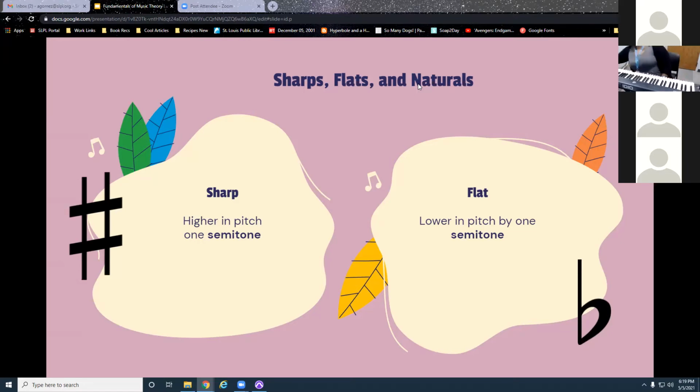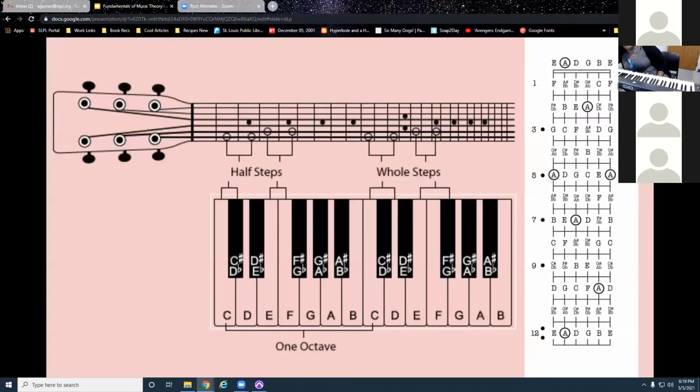We'll see on the next screen how that looks on the piano and for the guitar. Whenever you have notes that are right next to each other, whether that's a white key and a white key, as with E and F and B and C, or a white key and a black key, that is one semitone. So C to this one here, one semitone, E to F, one semitone, F to this key here, one semitone, and so on and so forth.